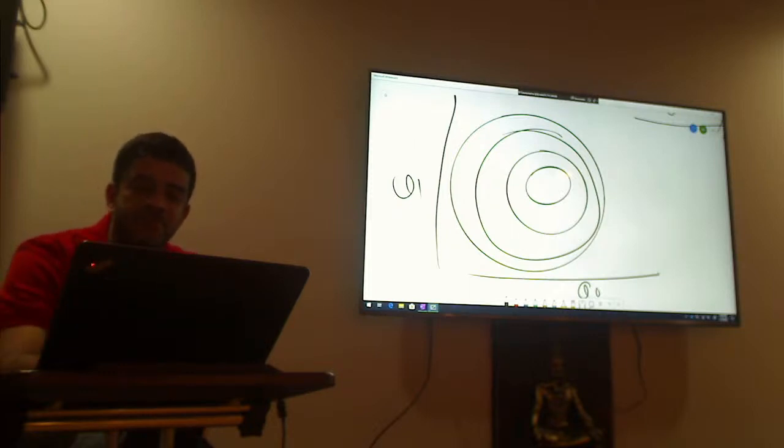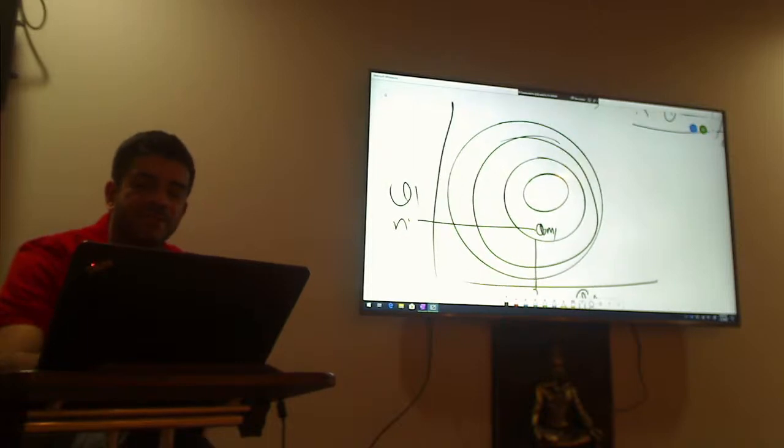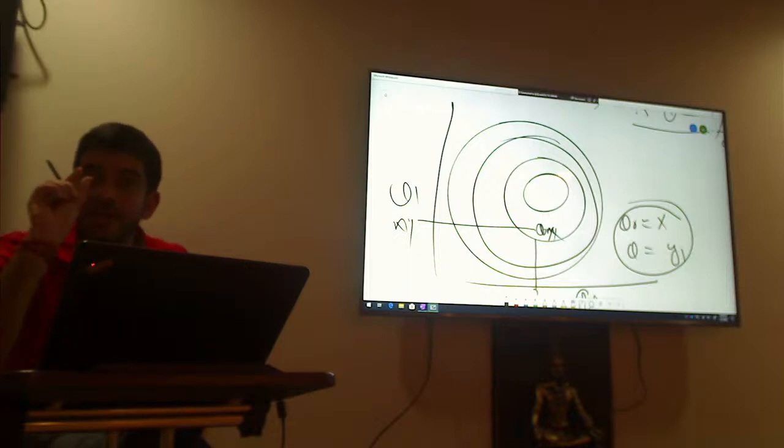At any point of time, if you take this coordinate, it will have a particular theta 0 and theta 1. Let me not use m and n because that has a different meaning, let's say x and y. So theta 0 value equals x, theta 1 value equals y. This is the minimum. So you need to identify what exactly is the value of theta 0 and theta 1 so that the cost function is minimum.